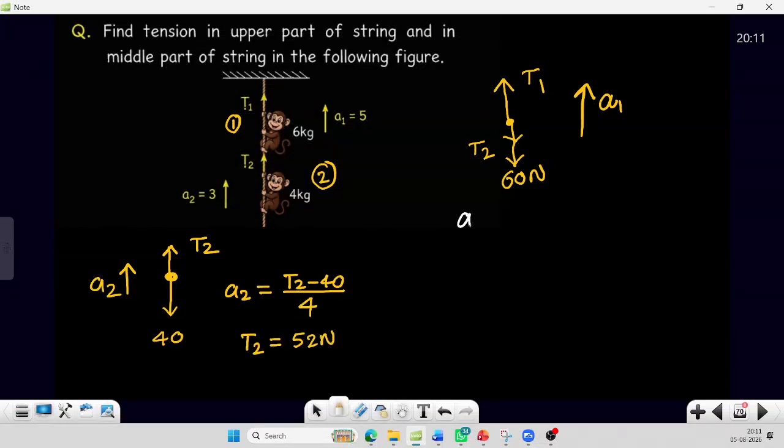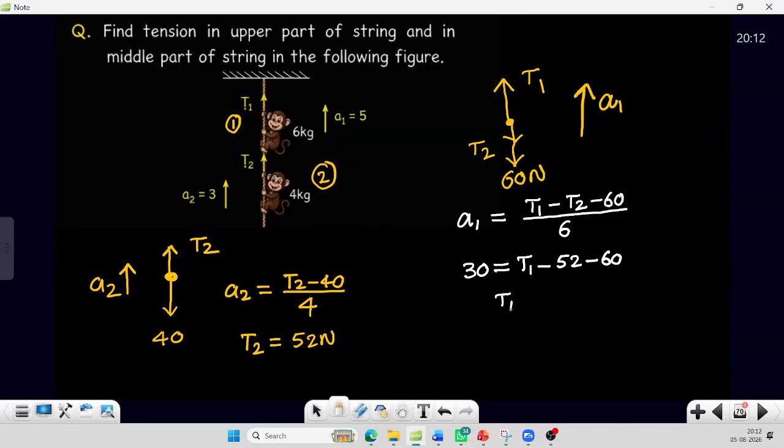Now write the equation: A1 equals (T1 minus T2 minus 60) divided by the mass of this monkey, which is 6 kg. A1 is given as 5. So 5 into 6 is 30, which equals T1 minus 52 minus 60.